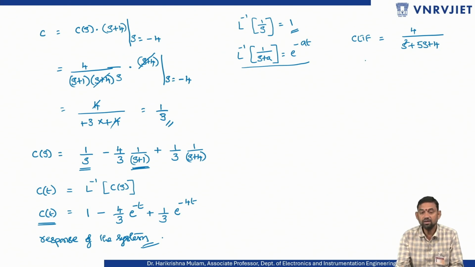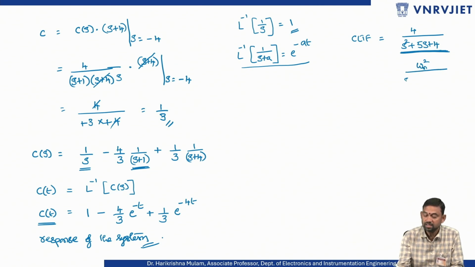If you want to know the undamped natural frequency or the damping ratio of the system, always compare the closed loop transfer function with the standard closed loop transfer function, that is omega n square by s square plus 2 zeta omega n s plus omega n square.